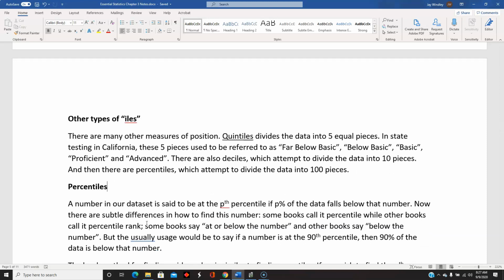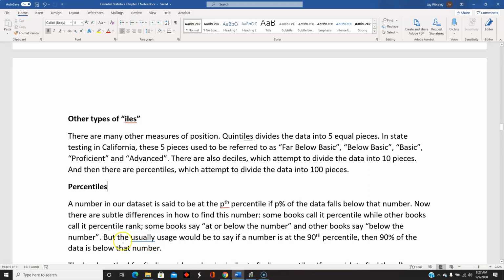So in general, a number is said to be at the pth percentile if p% of the data lies below that number. Okay, so there's not perfect agreement on how to do this, kind of similar to the quartiles. Some books say it's the percent of data below a certain number. Other books say it's the percent of data at or below a certain number, meaning they're including ties.